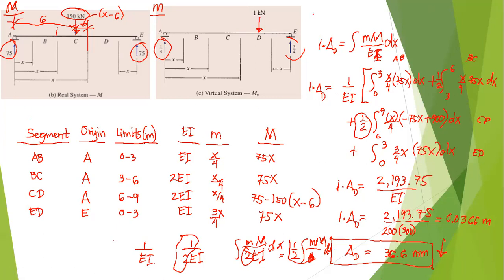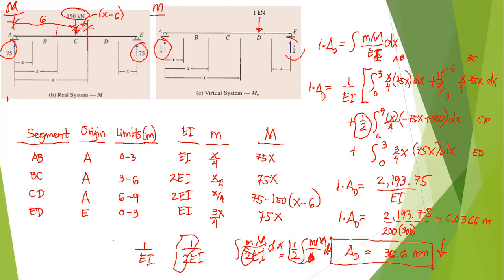A student asks about the downward 1 kN load and why the small m is not negative. The moment is positive. Like for this example here, 75 times x, this moment is positive.